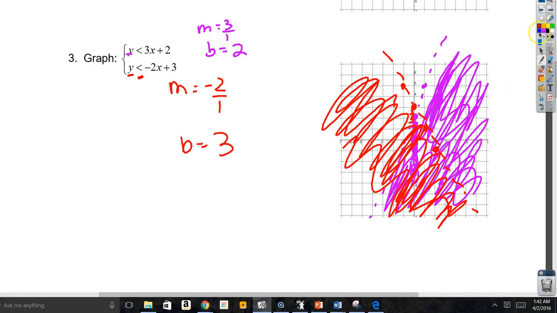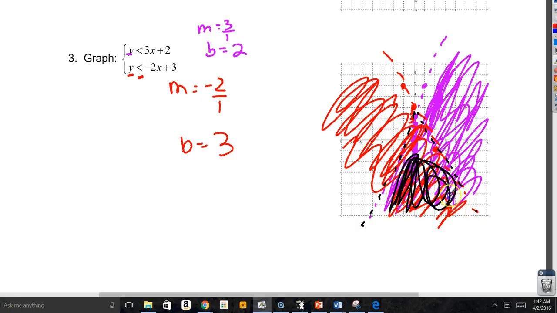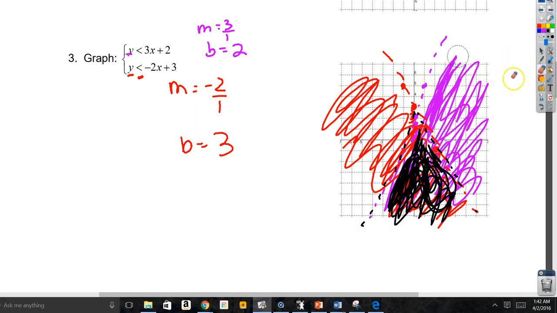Now, if you see right here, down this broken line and down this broken line, in here are the solutions. So you can do it in 2 colors and then shade this in a 3rd color. You can go back and erase what's not the solution.